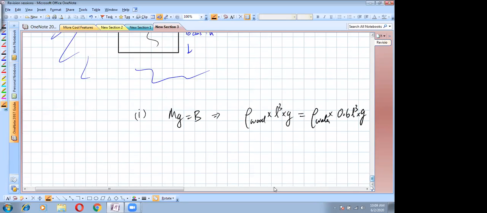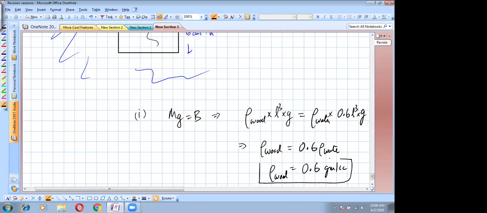So 60% is submerged. So you'll get density of wood as 0.6 times density of water, or 0.6 gram per cubic centimeter. This is the first part.